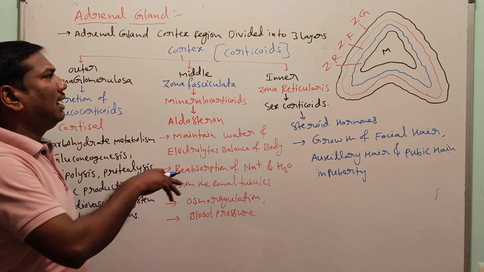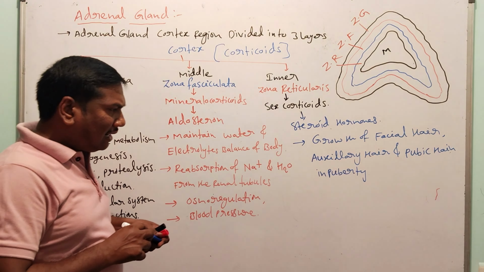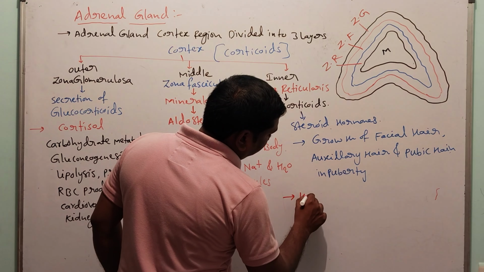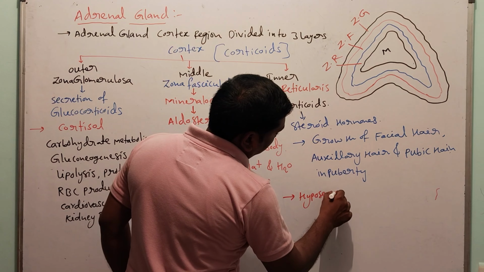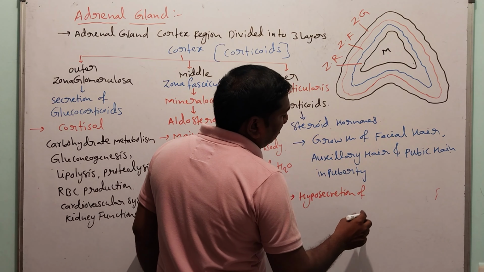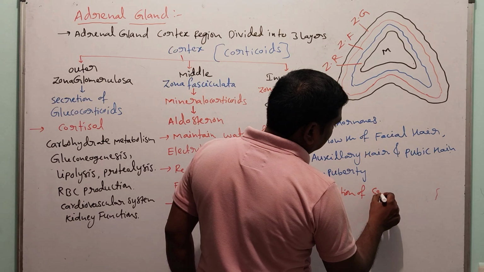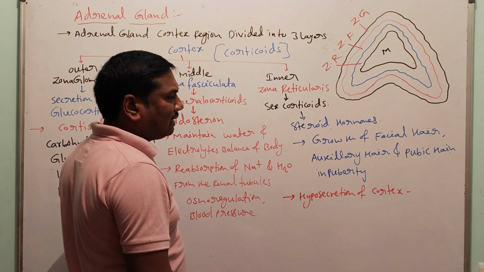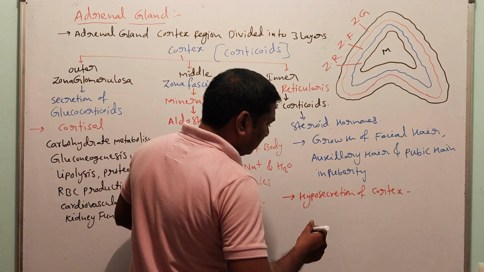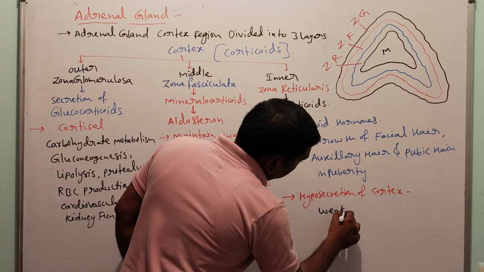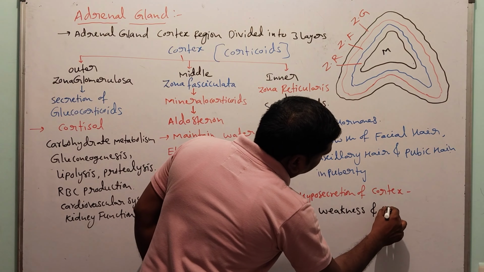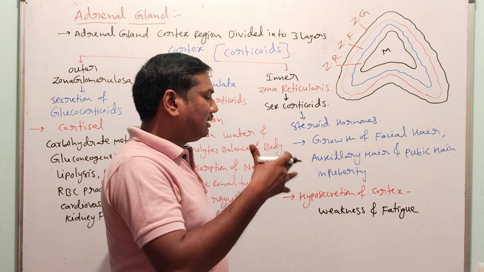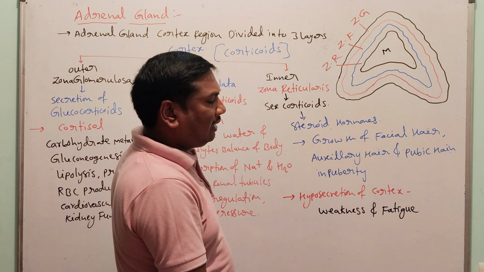So these are the adrenal gland cortex region. In this region, hyposecretion of cortex hormones, that is, less secretion of cortex hormones, leads to weakness and fatigue.